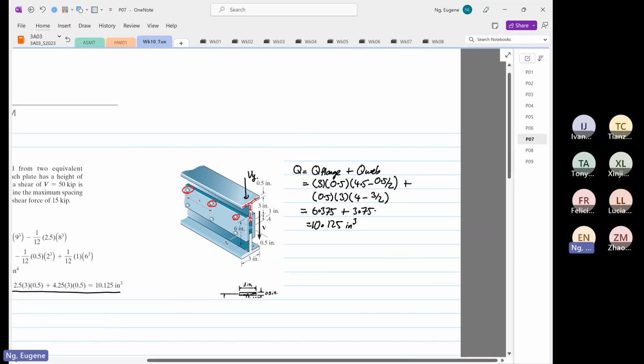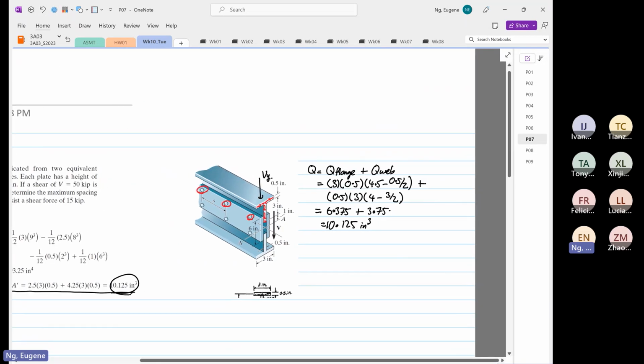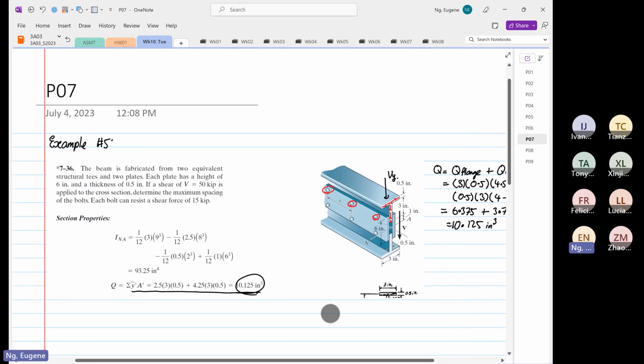So if you look at the answer, it's the same as 10.125. Okay, let's look at another very bad one.